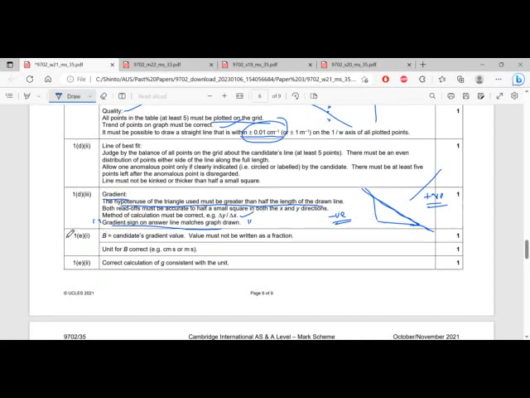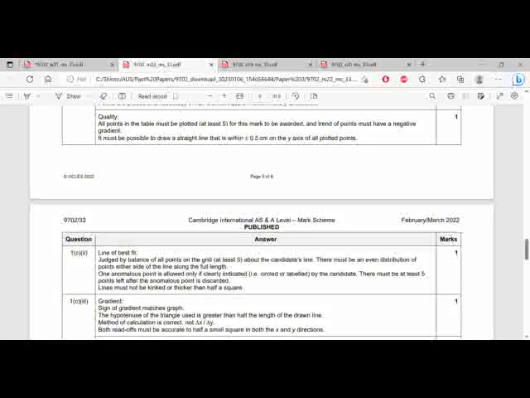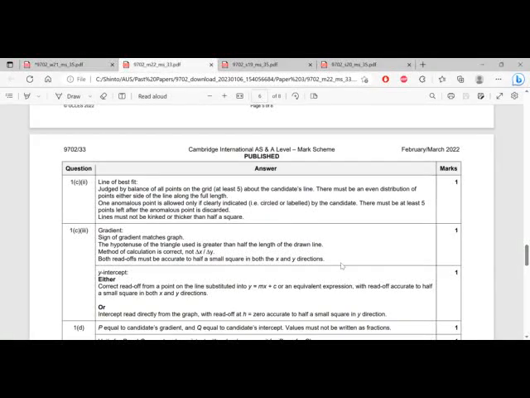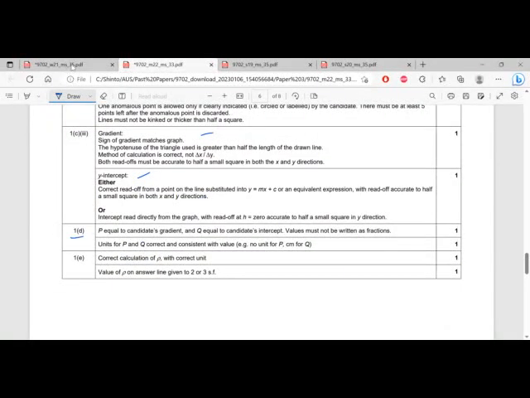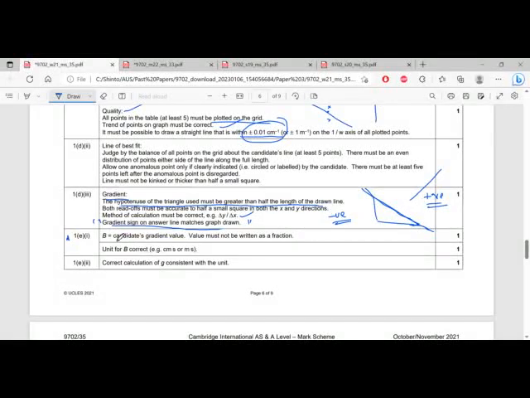Now, this is the same for all the marking schemes. After you find the gradient and or intercept, let's say you look here, here the intercept is found and the gradient is found. Right after that, 1D is always like this: candidate's gradient value. The value must not be written as a fraction.